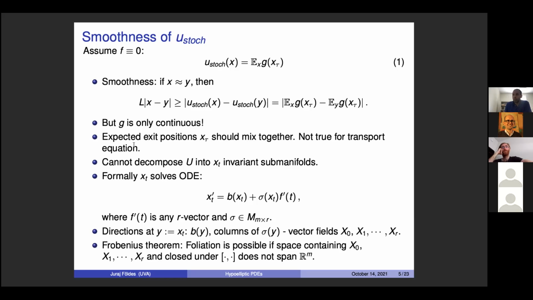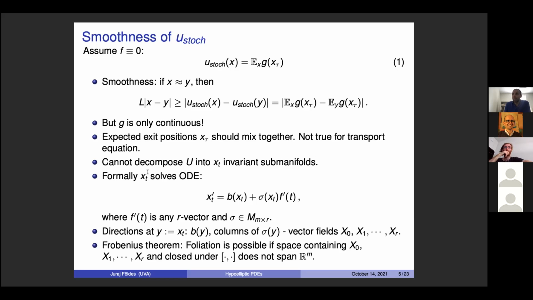So what needs to happen is that this x star is going to help us, that there is going to be some mixing. It really means that if I start with two initial conditions that are close to each other, they should somehow mix together. And this is just not true for the transport equation. We need the diffusion.